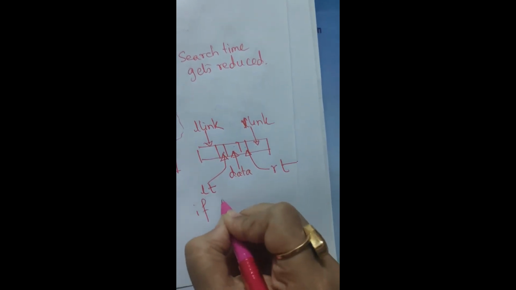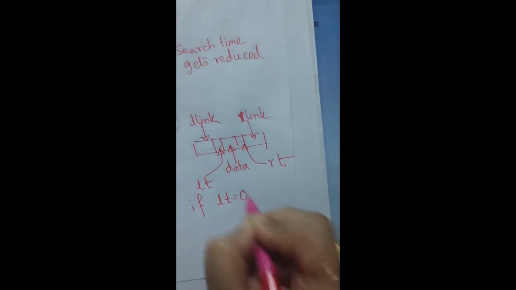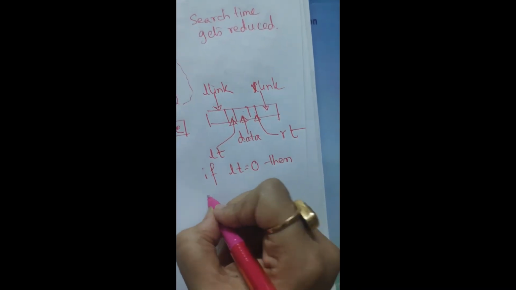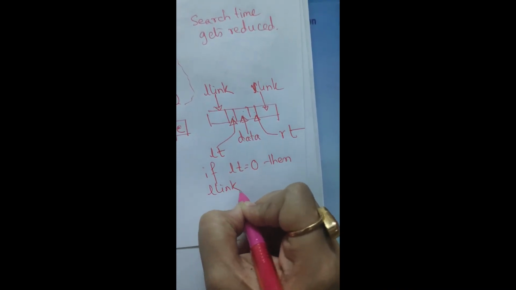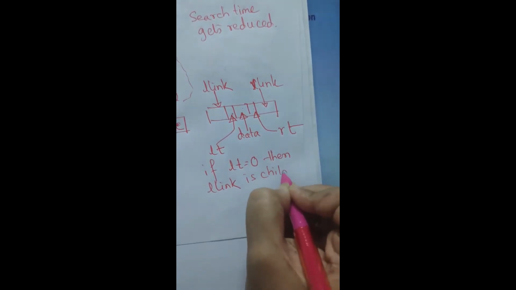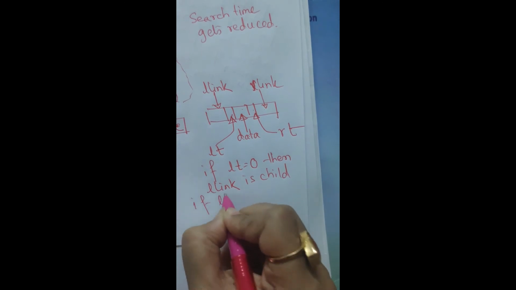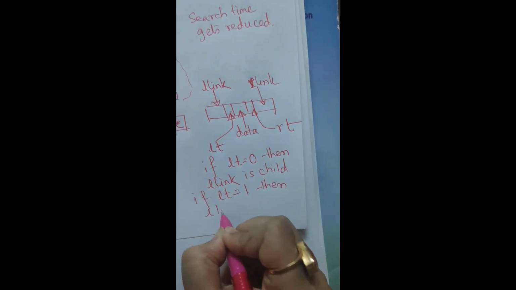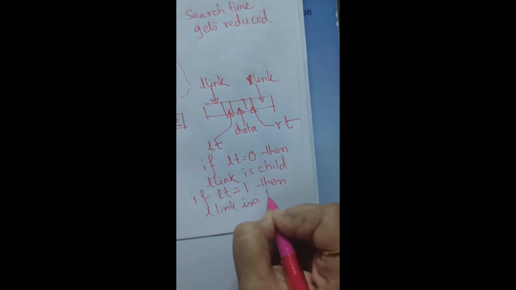If LT is equal to 0, then the address in the L link is a child. If LT is equal to 1, then the L link is a thread.